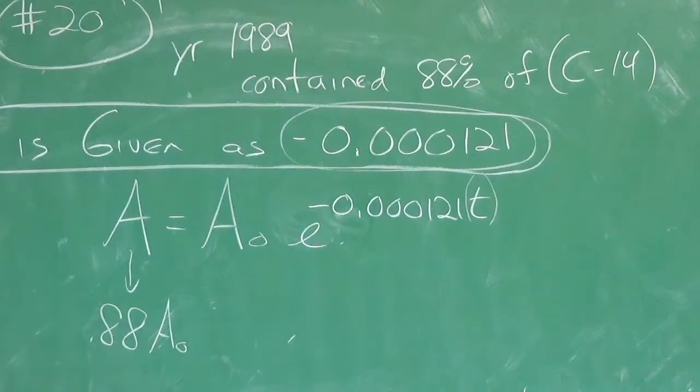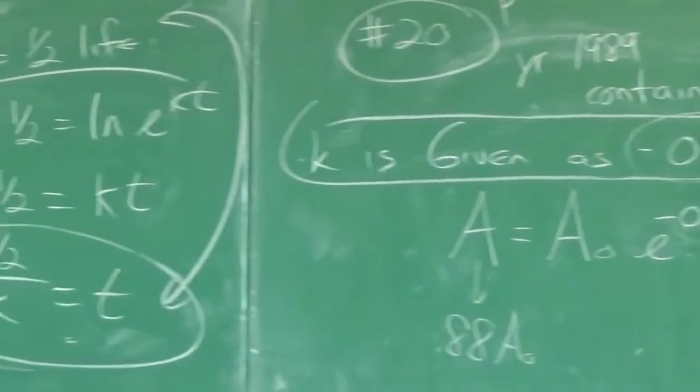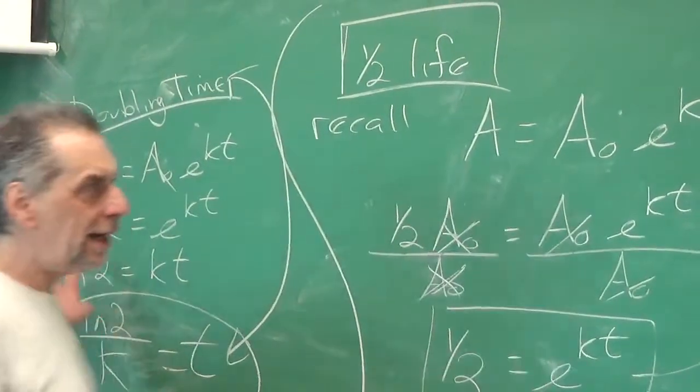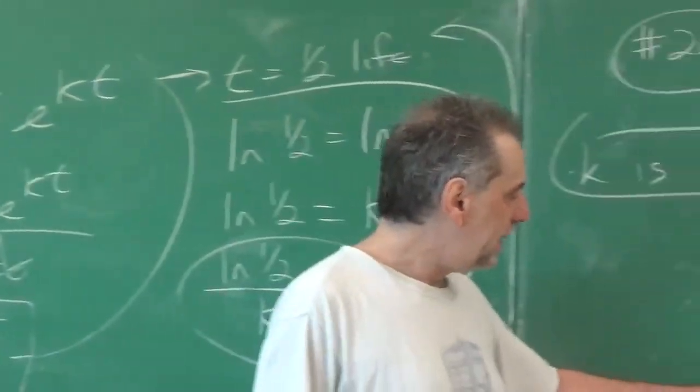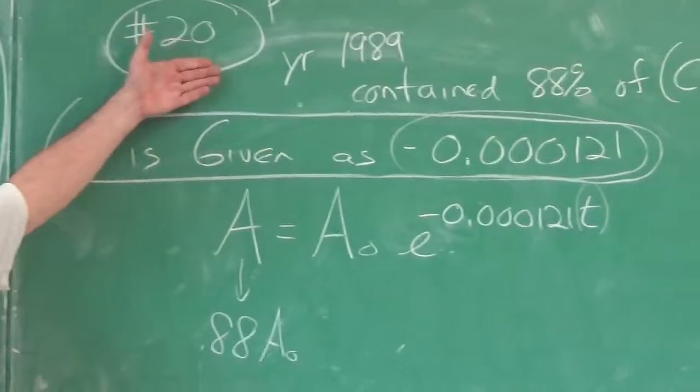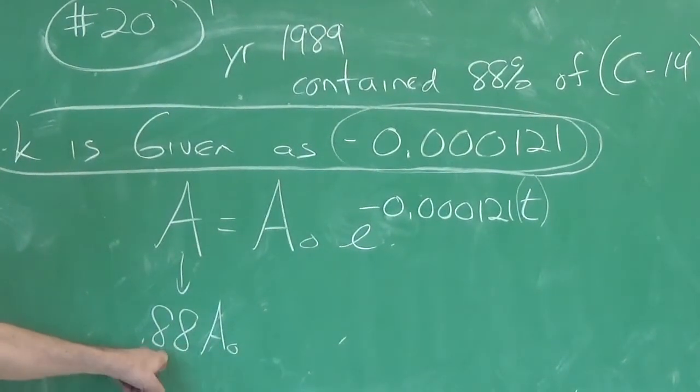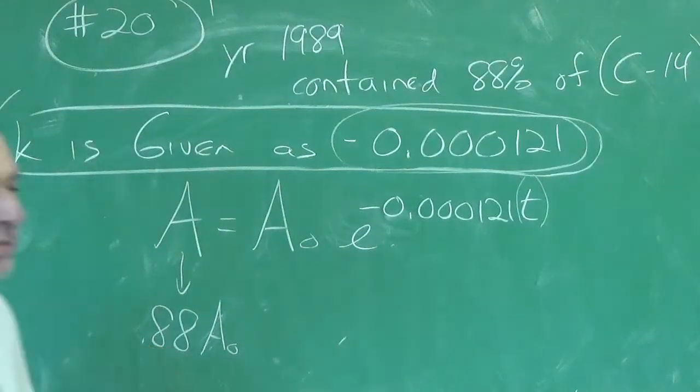Just like here we said half of the original amount to get the half-life and twice the original amount to get the doubling time, we're now looking for the time it takes for these skeletons to lose 12% of their carbon-14 or have 88% left, right? So just be careful with the wording. Sometimes it'll say they've lost 88%.